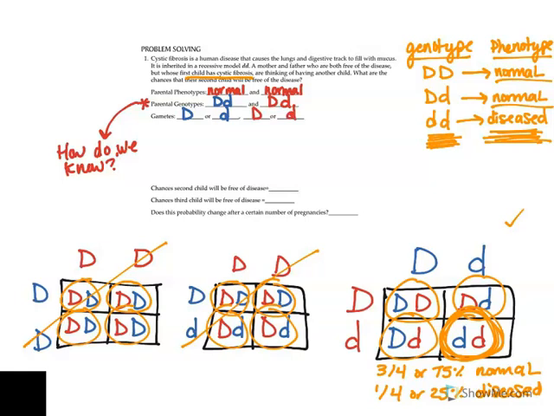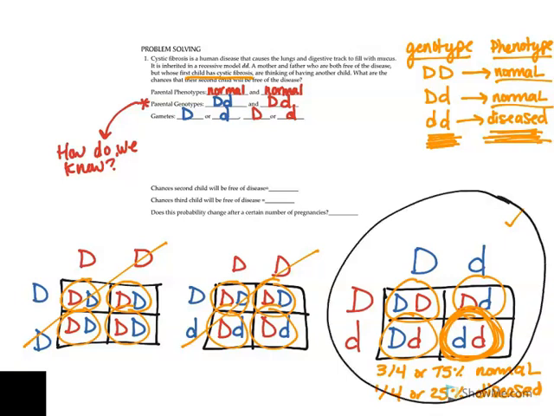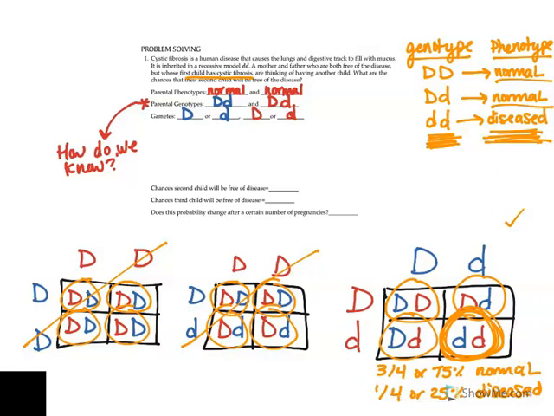Okay, to answer the next questions. What are the chances the second child will be free of the disease? This is what I'm going to be referring to when I answer these questions. Remember, it doesn't matter how many children these parents have.